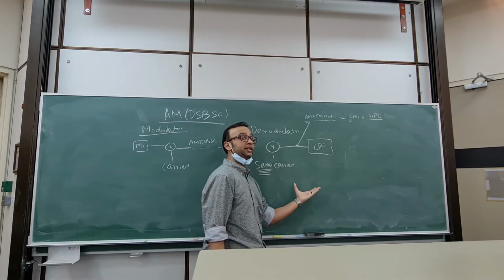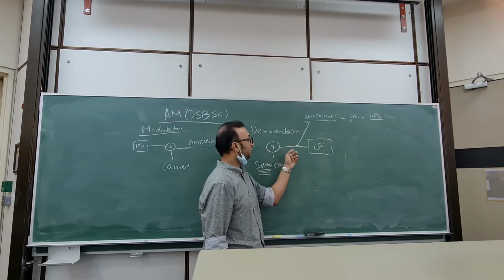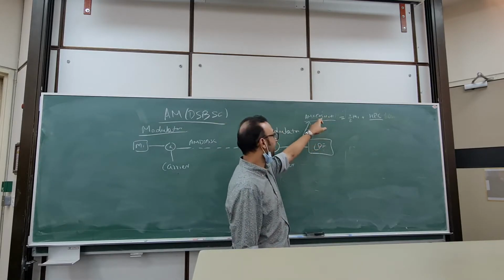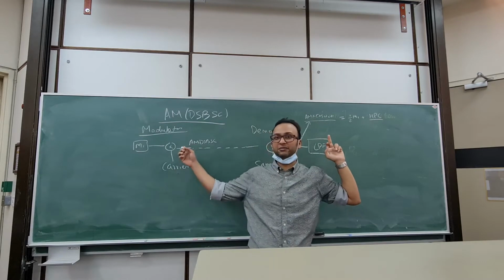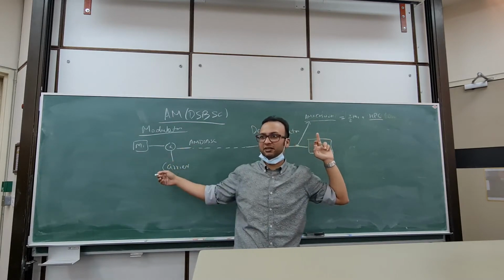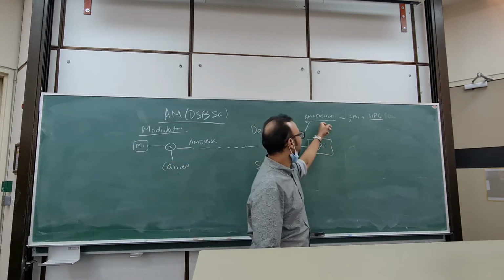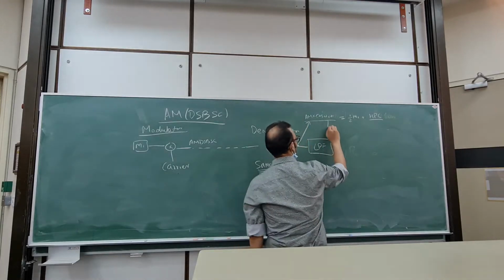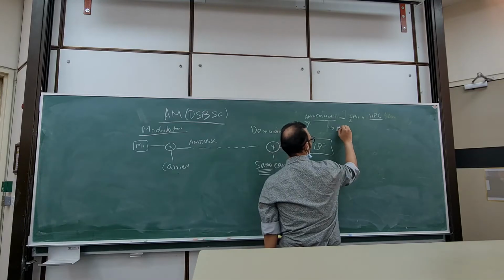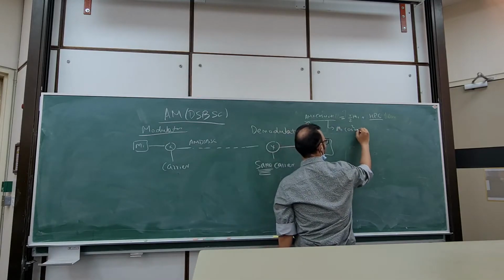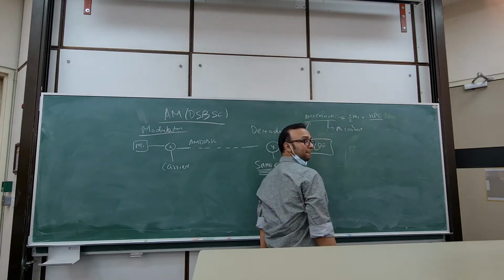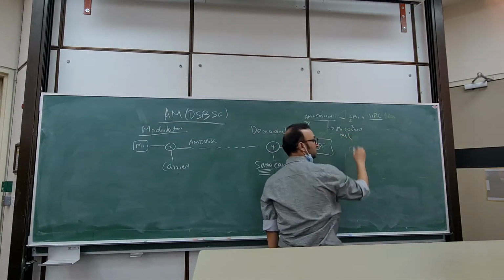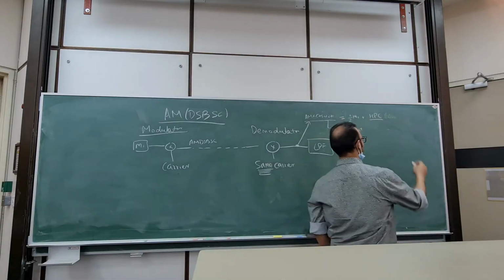What you should do is multiply and get the signal, which is just math. Your AM signal is the message multiplied with cosine, and then again multiplied with cosine. If you do the math properly, this is M1 cosine square omega CT. What is cosine square omega CT?